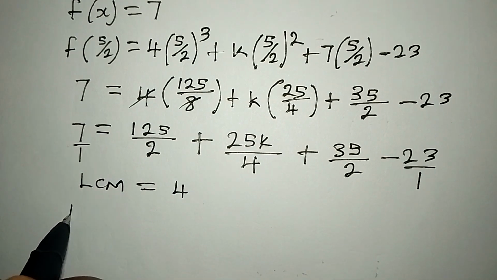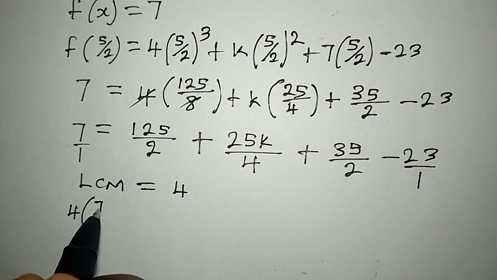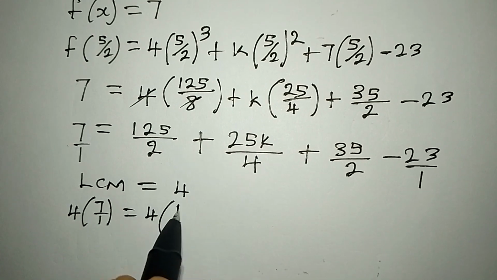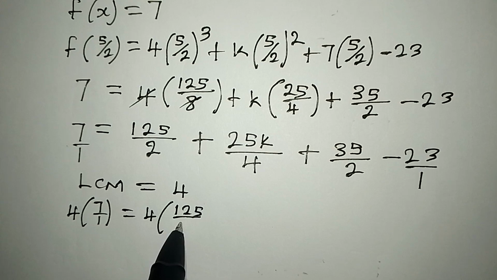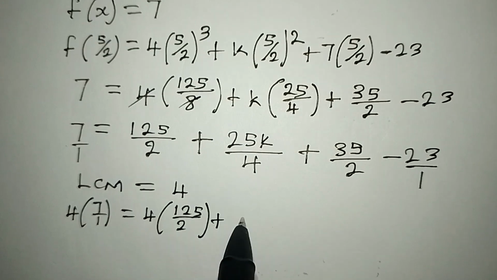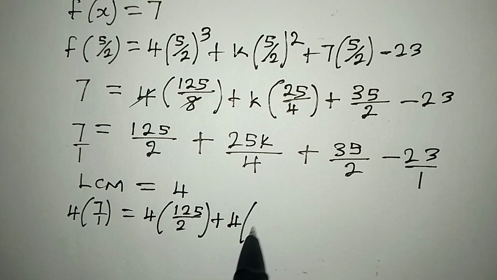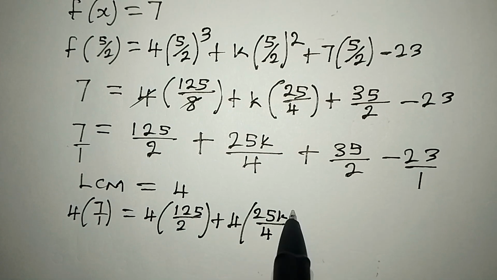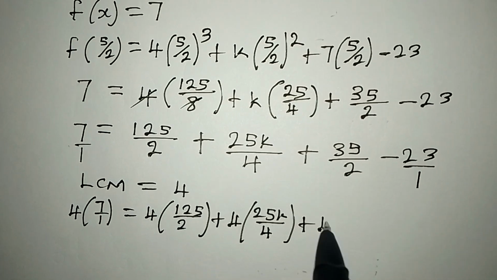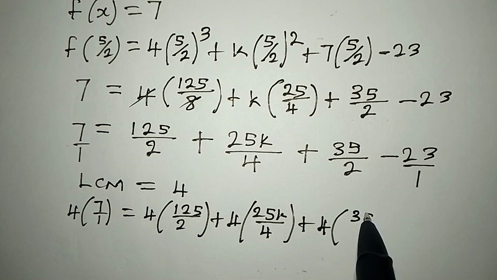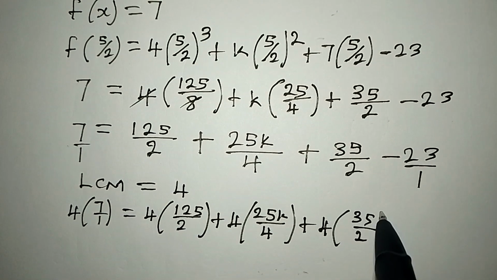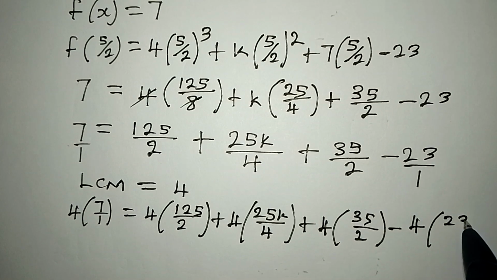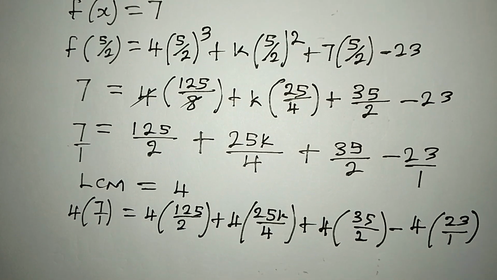So we're going to multiply 4 by everything, 7 over 1, then equal to 4 multiplied by 125 over 2 plus 4, the LCM, multiplied by 25k over 4 plus 4, the LCM, multiplied by 35 over 2, then minus 4 multiplied by 23 over 1.